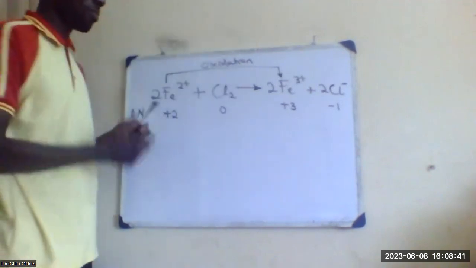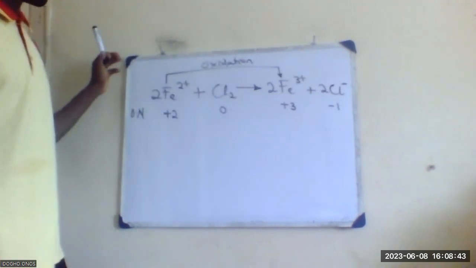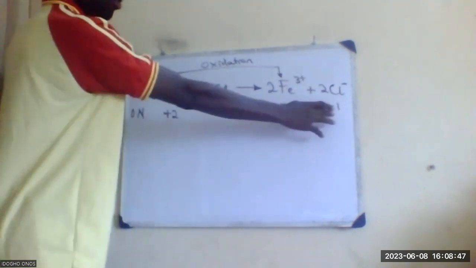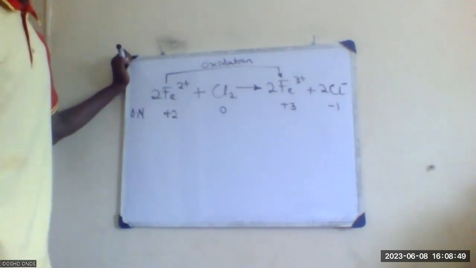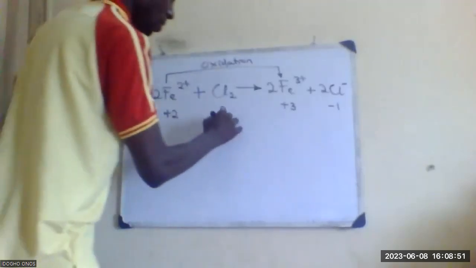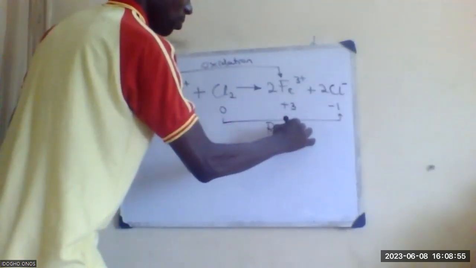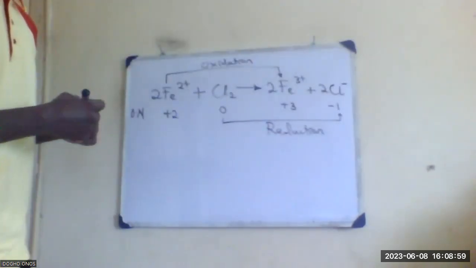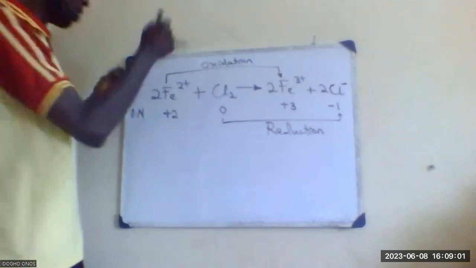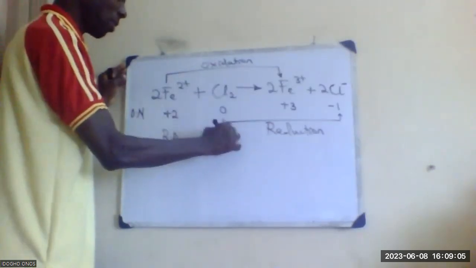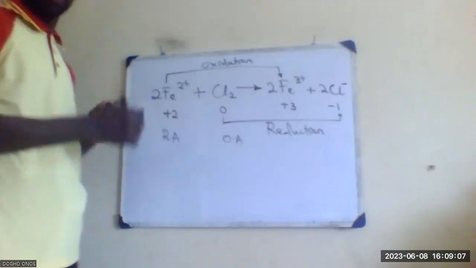Then here we see chlorine 0. From 0 to -1, that means the oxidation number reduced. So that means reduction occurs there. So this Fe is my reducing agent, while this is my oxidizing agent.